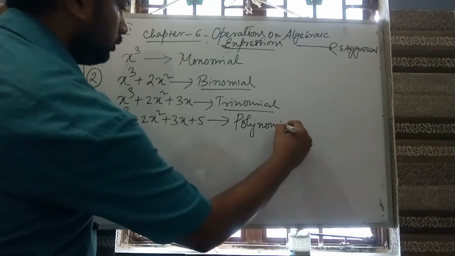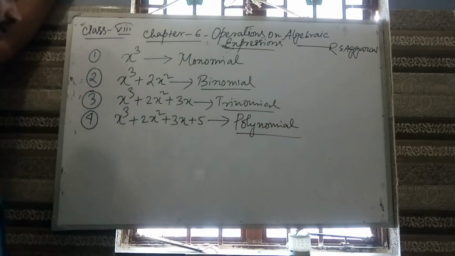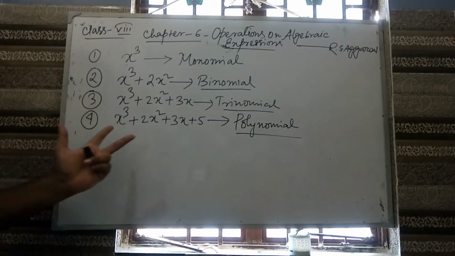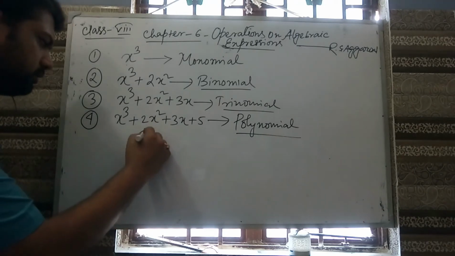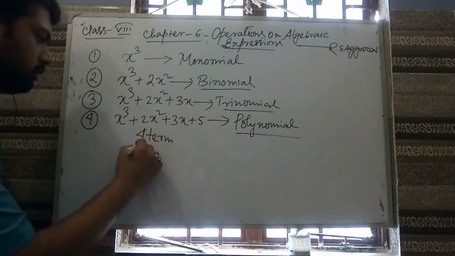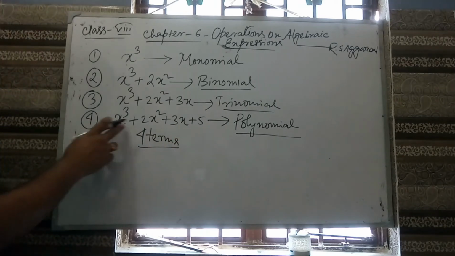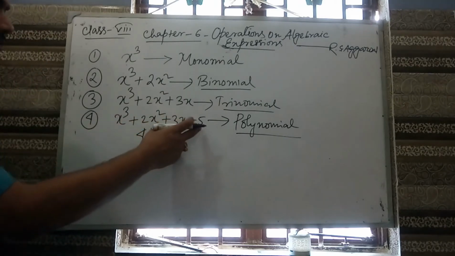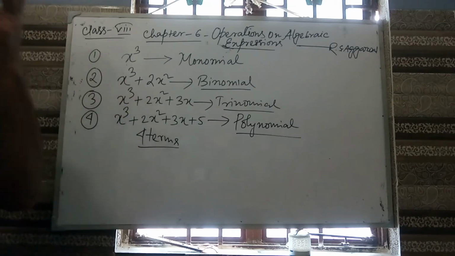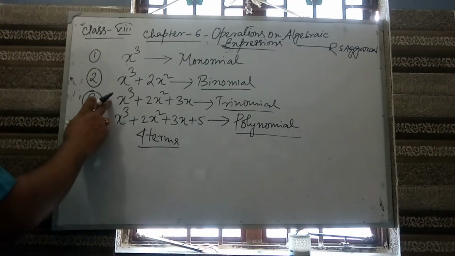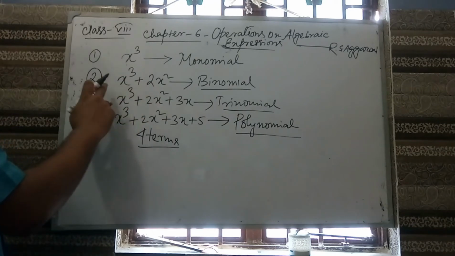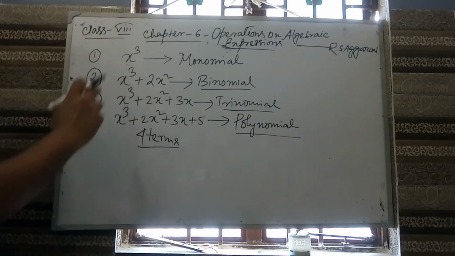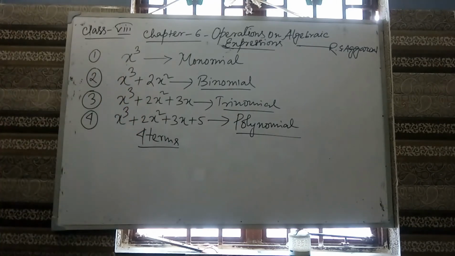Here in this polynomial we have 4 terms: first one, second one, third one, fourth one. Here we have 3 terms. x cube is the first term, then this one, then this one. Here we have 2 terms, this one and this one, and here we have only 1 term.